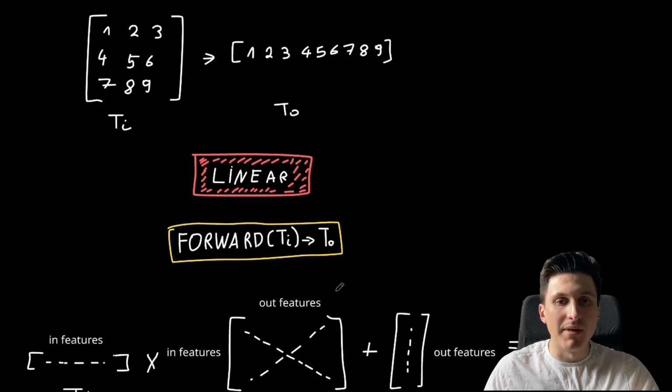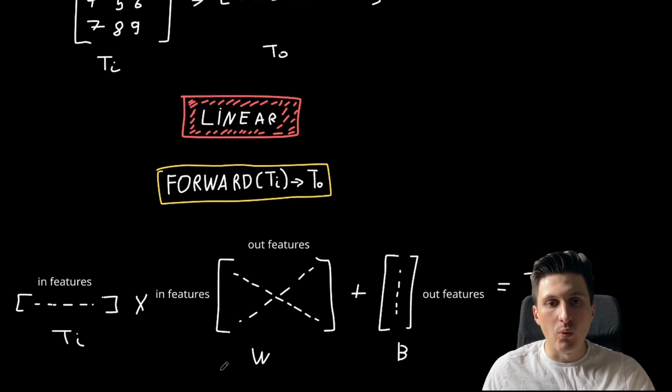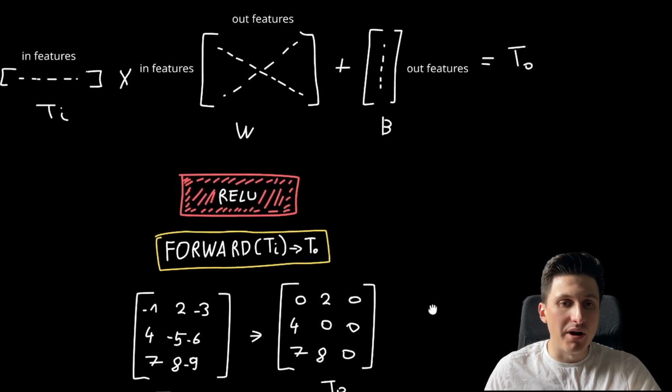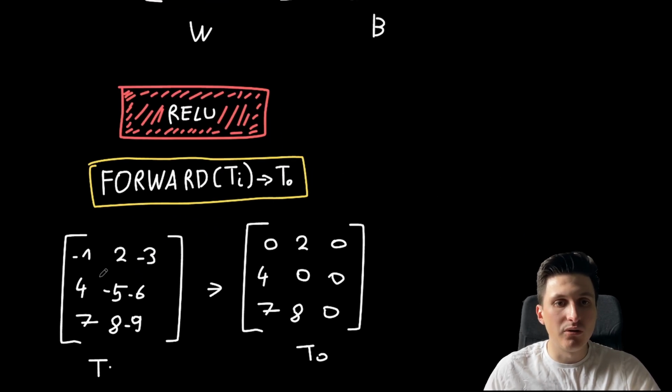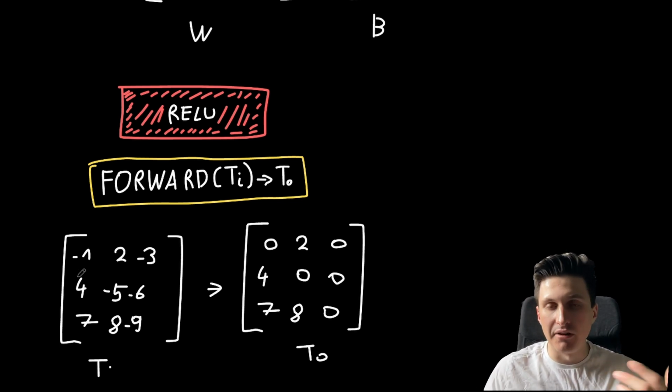We also implemented a linear module, which, given a one-dimensional input tensor, will multiply it with a 2D tensor W and then add a bias tensor to it to get an output. We also implemented a ReLU module, which turns negative numbers to 0 to introduce non-linearities in our neural network.